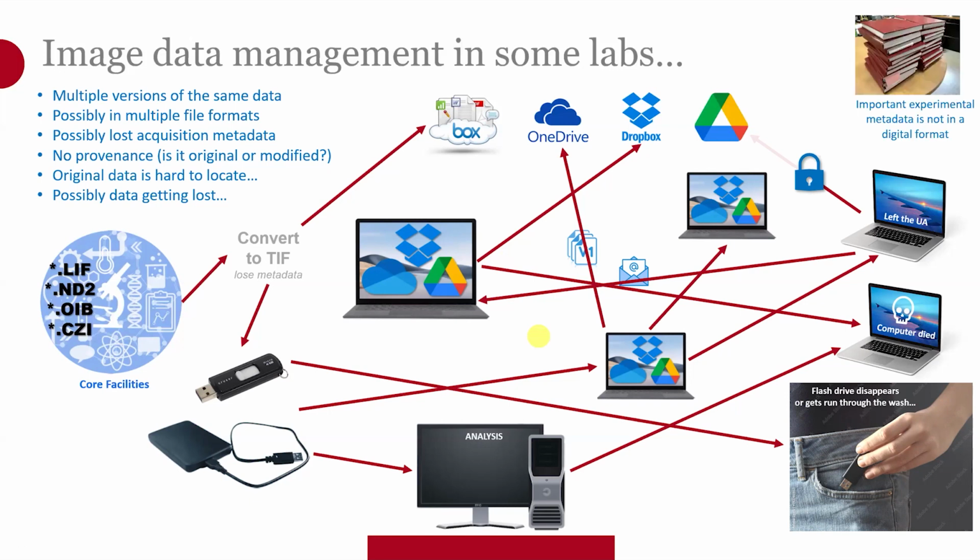And quite often, important experimental metadata is in non-digital formats like hard copy lab notebooks. And it's a problem because there's just a lot of data. And if someone asked you to find something from a year or 2 or 3 ago, you'd be hard-pressed to find it.